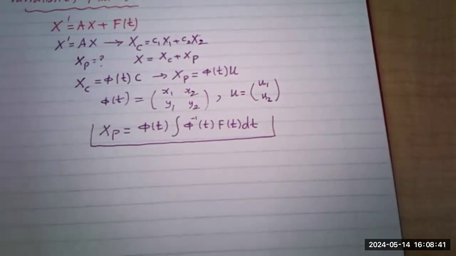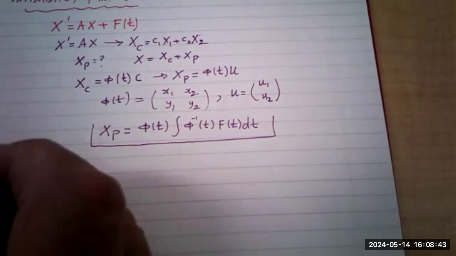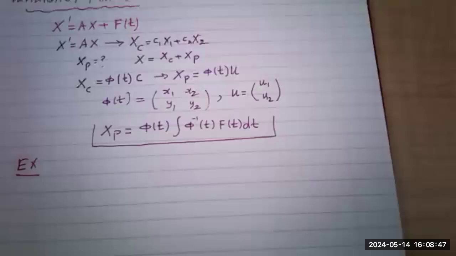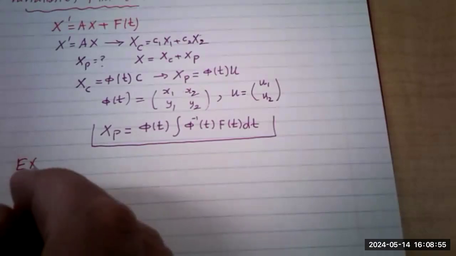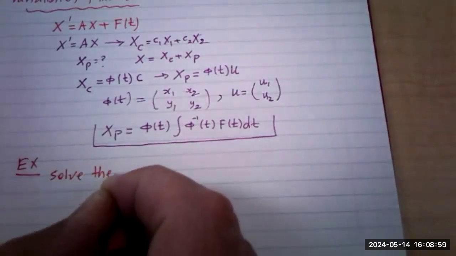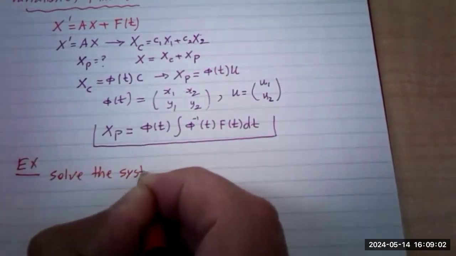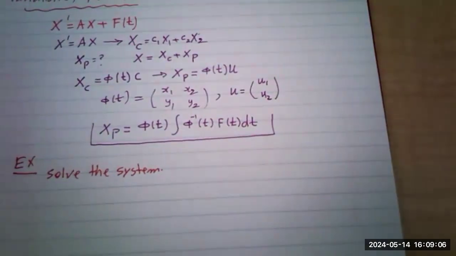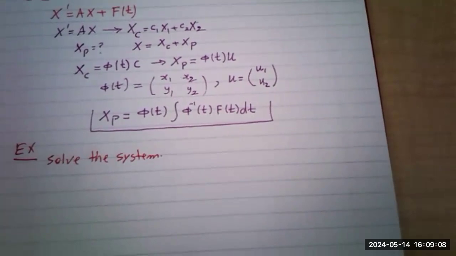So let's practice. We gave you one of them in the file. The example is particularly going to be one involving sine function, exponential function, this type. We want to solve the system. Sometimes you are given the instruction, but these types of systems should clearly be done by variation of parameters.